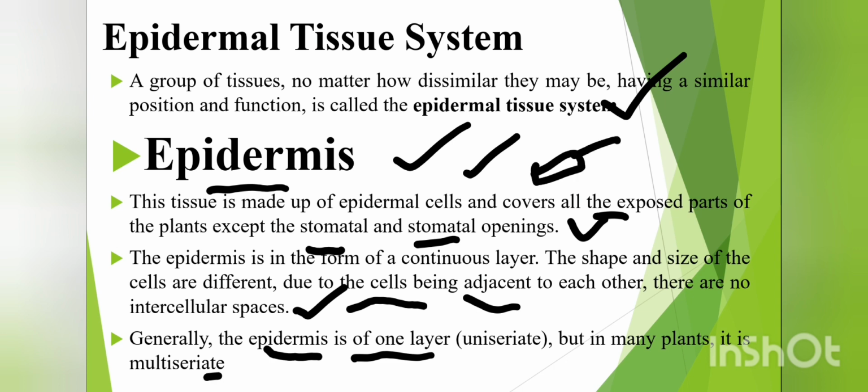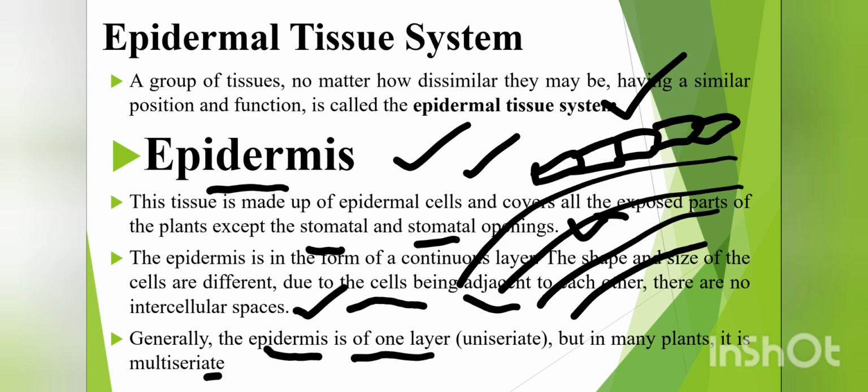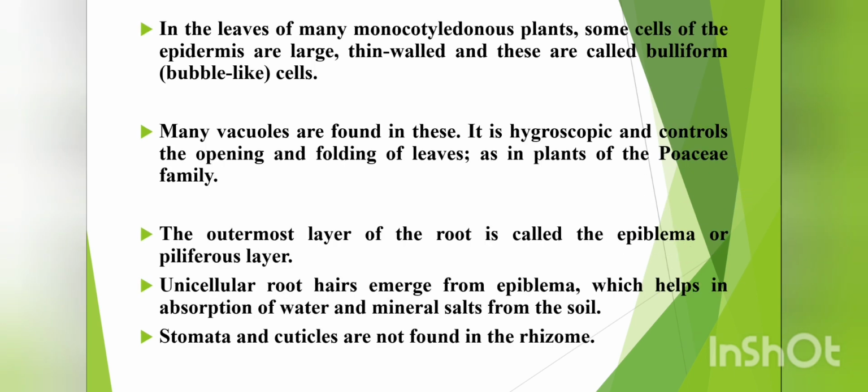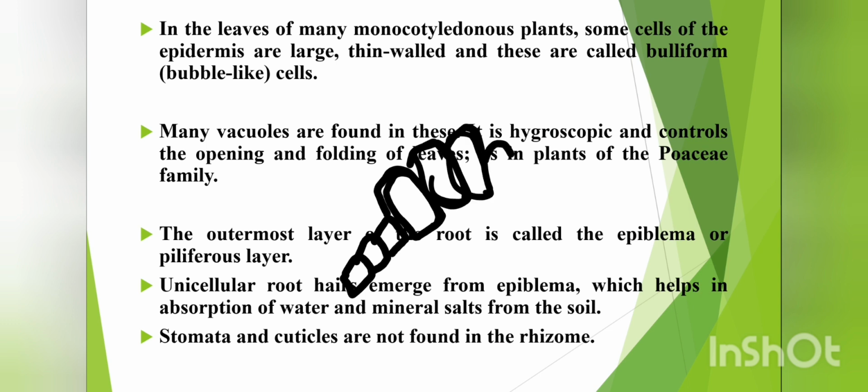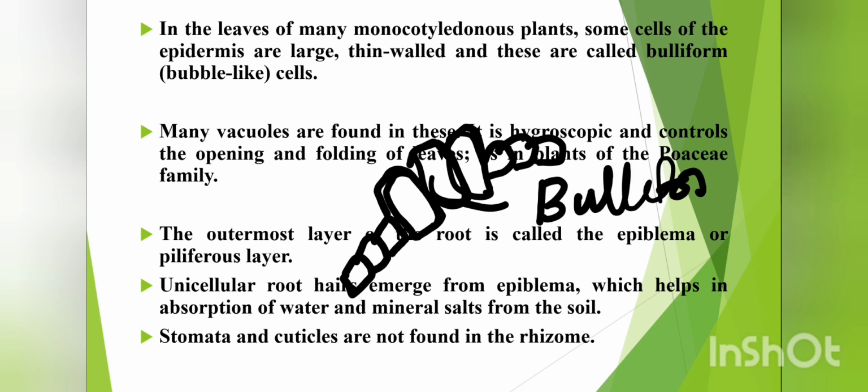Generally it is present in a single layer like this, but sometimes it is present in a multi-layered condition called multiseriate. In the leaves of monocots, some cells of the epidermis are large and thin walled, called bulliform cells or bubble-like cells. In a monocot epidermal layer, some cells are large, and these are called bulliform cells or motor cells.